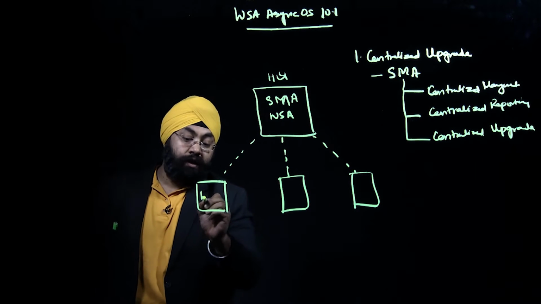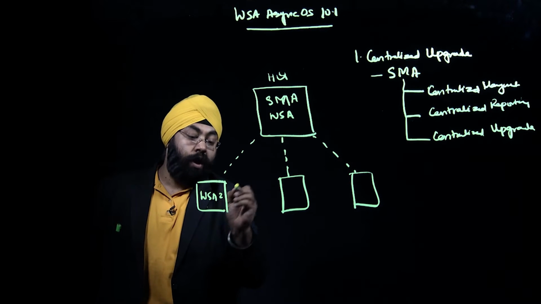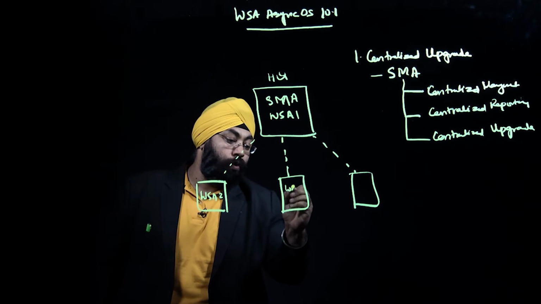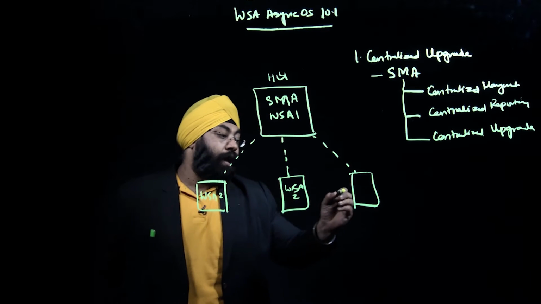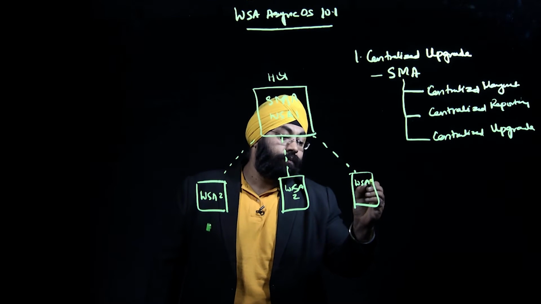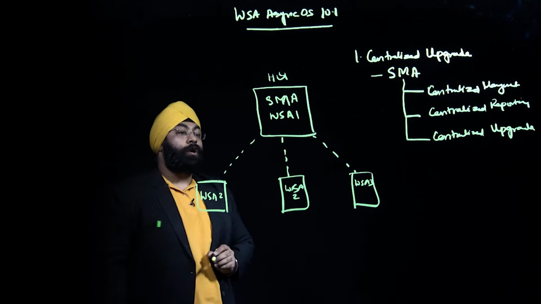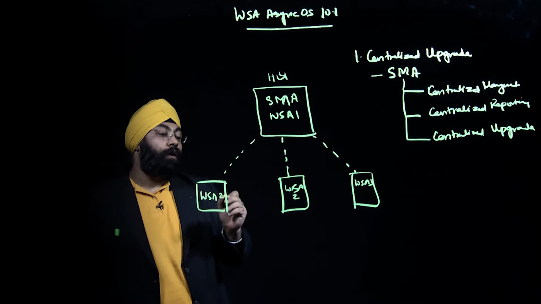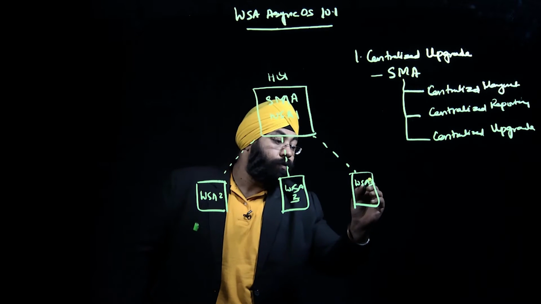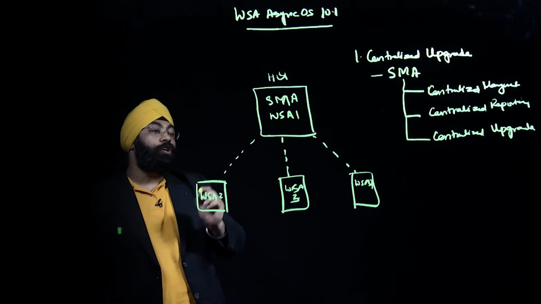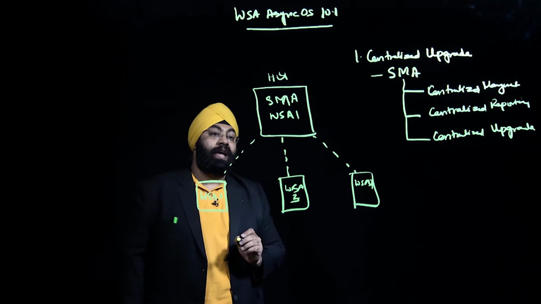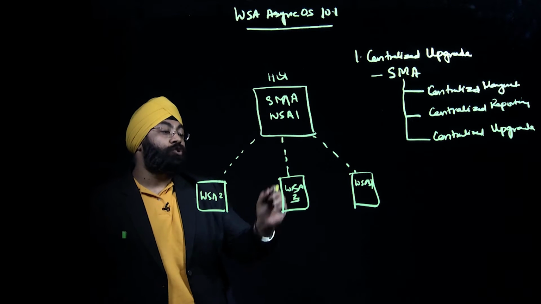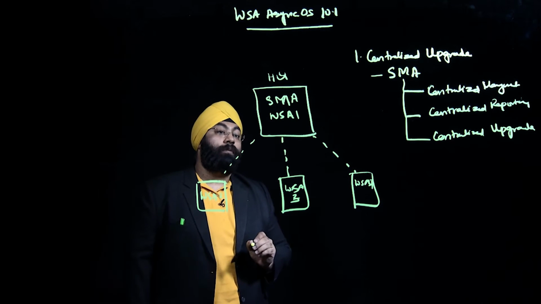Let's take that is my WSA 1, this is my WSA 2 over here, and this is my WSA 3. Now if you see over here, this is 3 and this is 4, sorry about that. So if you see over here, we have 4 WSAs, and we have just one single SMA which is managing all these 4 WSA appliances.